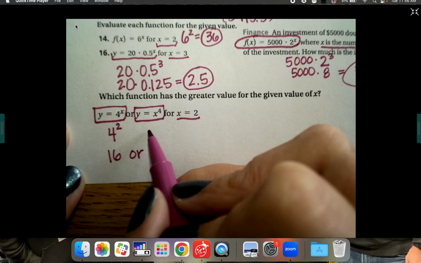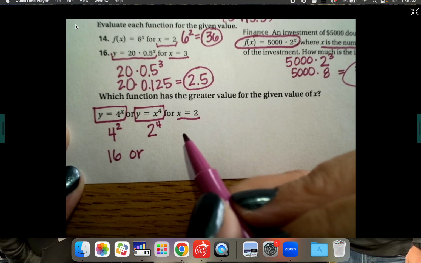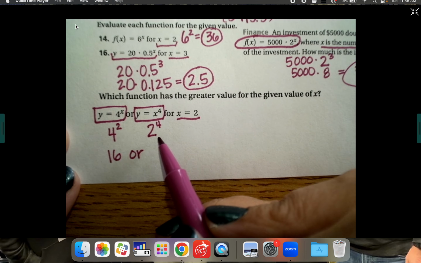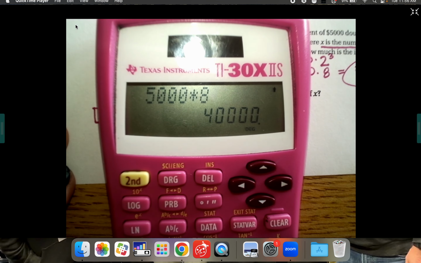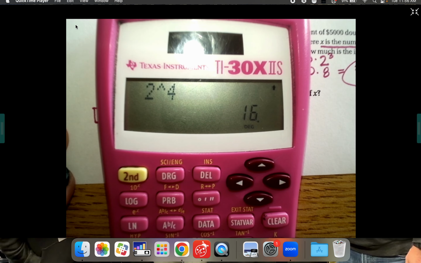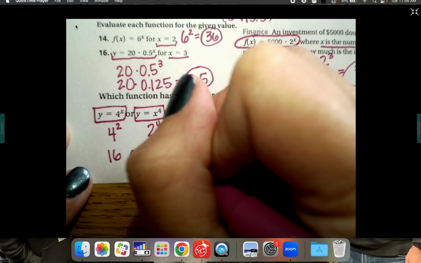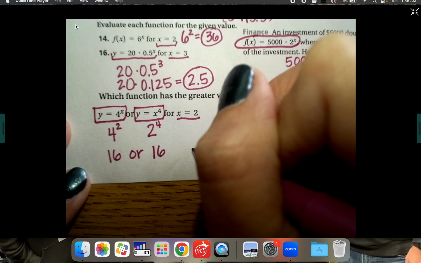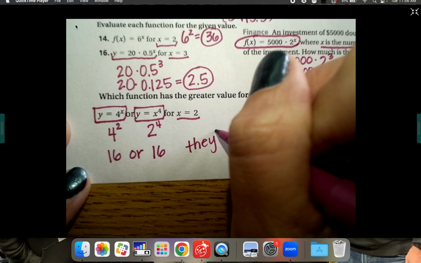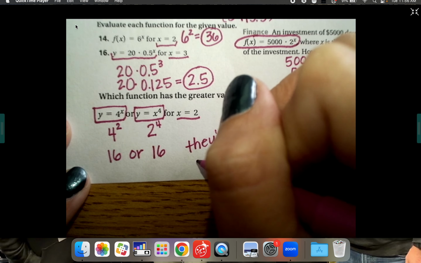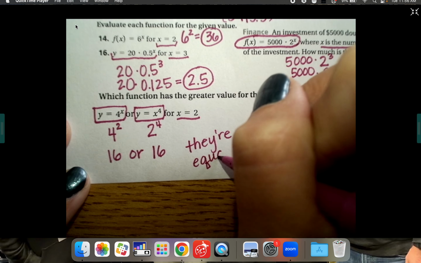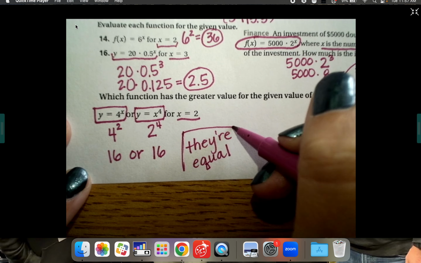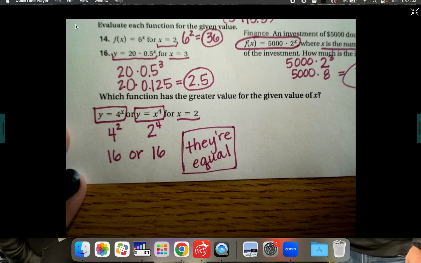Or is 2 to the fourth power bigger, because 2 is x. So 2 to the fourth power is 2 times 2 times 2 times 2, which is also 16. So in this particular case, which is greater, they're equal. So neither, I guess. So I think on Math Excel, they'll give you the option to put either neither or they are equal.